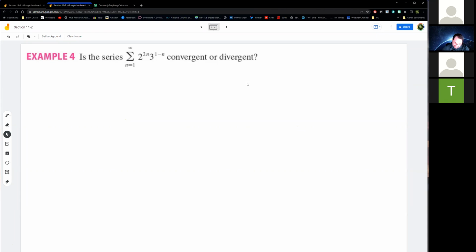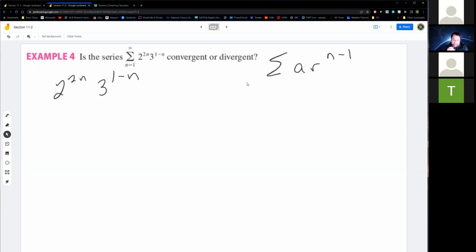So I'm just going to look at 2 to the n and 3 to the 1 minus n. I'm going to ignore the summation symbol for a little bit while we're doing the manipulation. All right, so remember, my goal is to get it to look like this. That's my goal. I want one number in front, I want one ratio, and I want n minus 1 up on top.